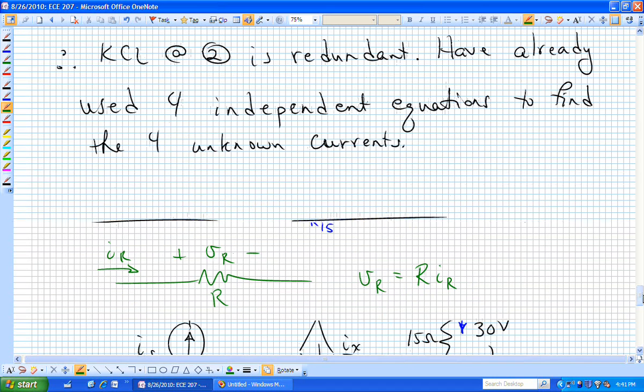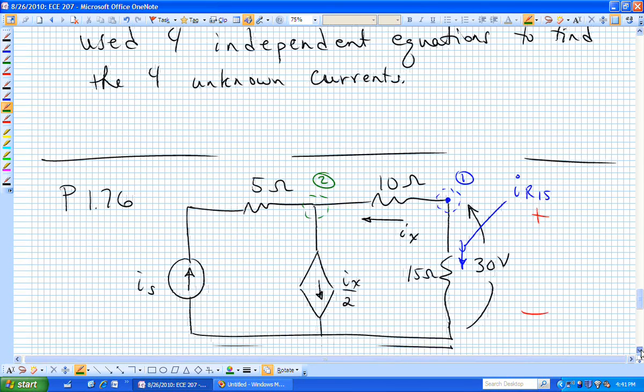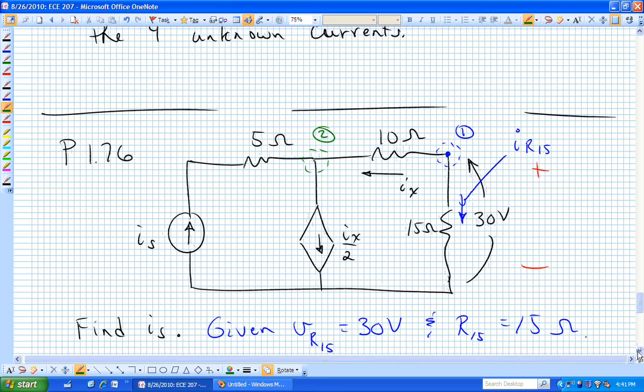Okay, so the question was, going back a little bit here, I intuitively knew, well, not intuitively, but with experience, I realized I wanted to draw I sub R15 vertically down with the arrow going down. And the reason I did that is because I know that if I draw it vertically down, it's going into the positive terminal of that resistor, which gives me the passive sign convention that we're using. But if it was 2 a.m. and I was working this problem and I was tired and I drew it going up, I would say, okay, there's I sub R15.